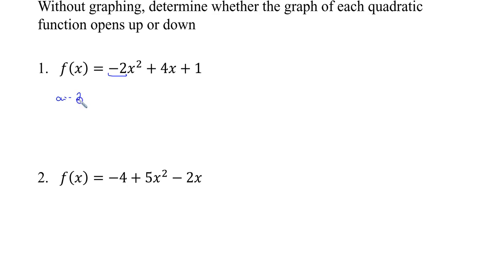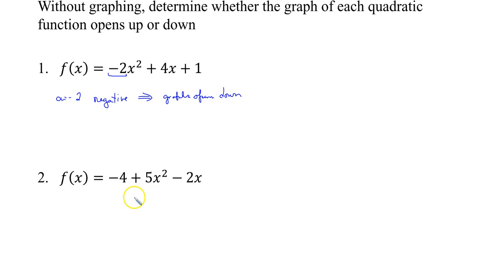A is negative 2. That means that it is a negative value. And if a is negative, then that means that my graph opens. Hopefully you've written this down by now. The graph opens down. You got it. So it's going to open down. Okay? All right, that's all we want to do on this one.